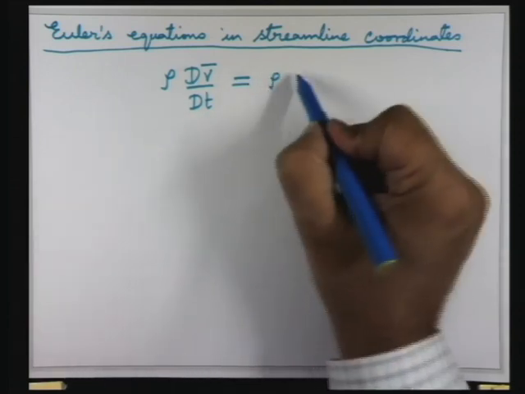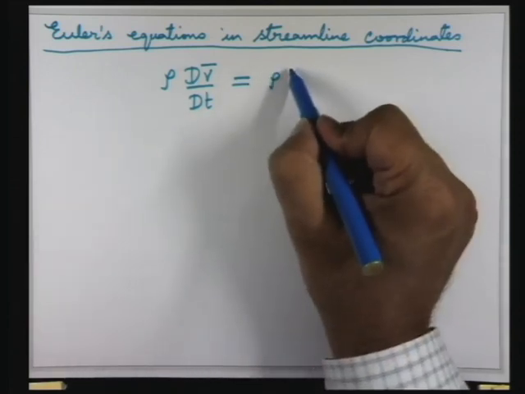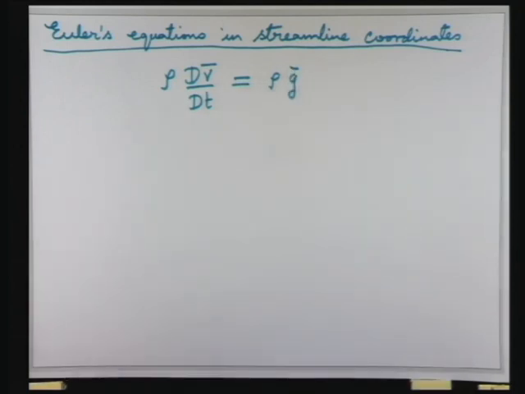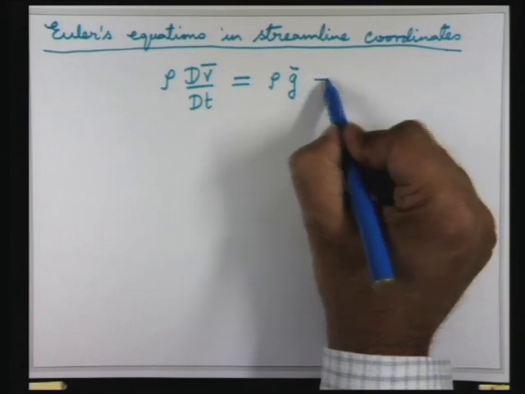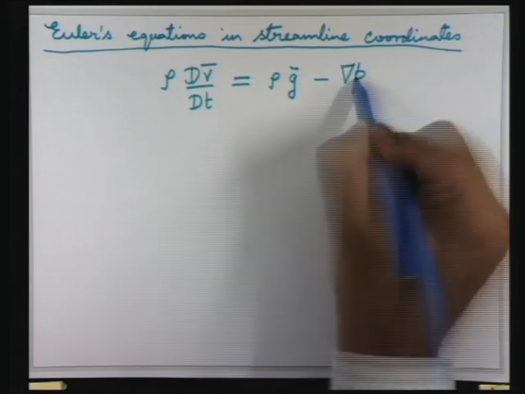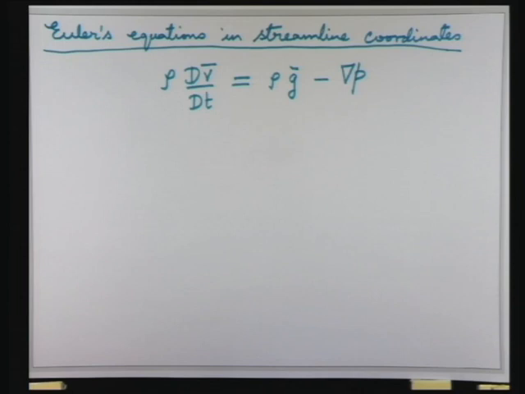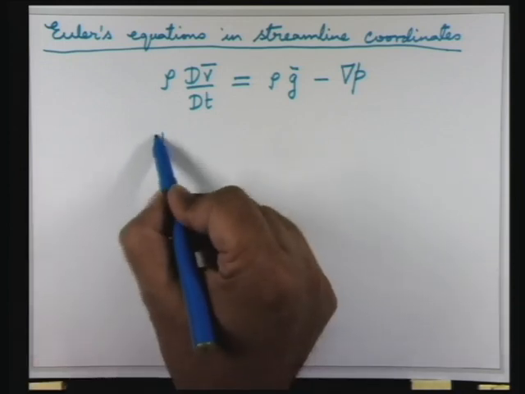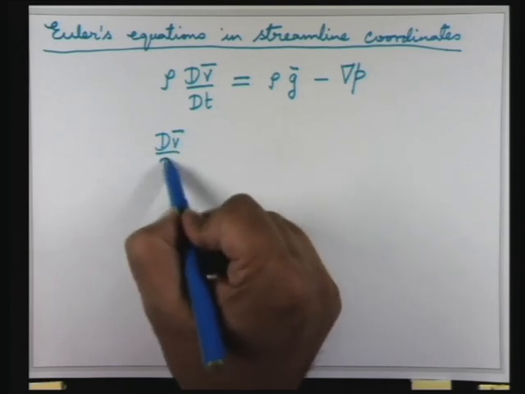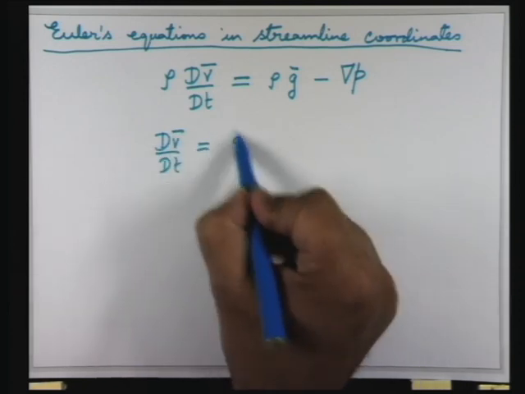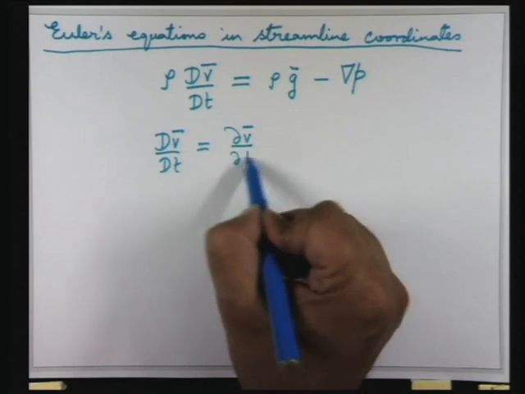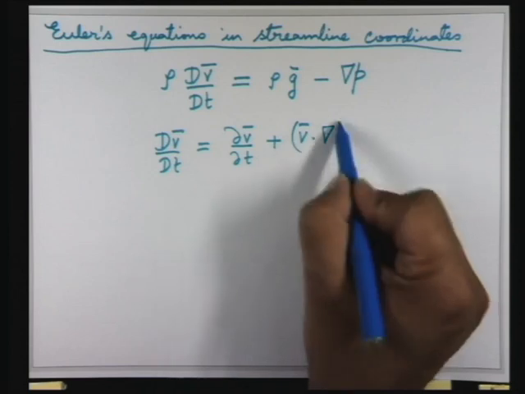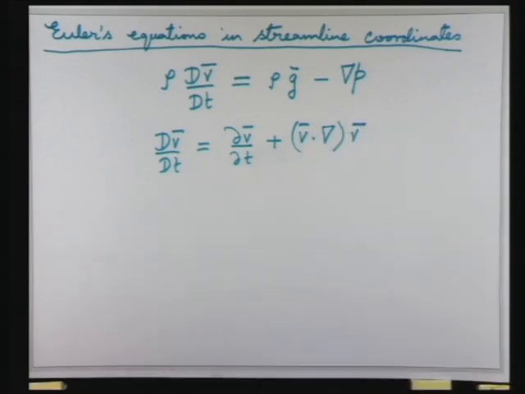You can use rho B as Professor Chakraborty was doing, or you might be more familiar with the case when the body force is just due to the gravity force, and minus grad P. Now, dV/dt you can write as del V/del t plus V dot grad acting on V.